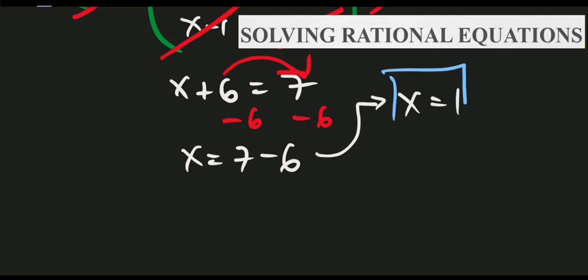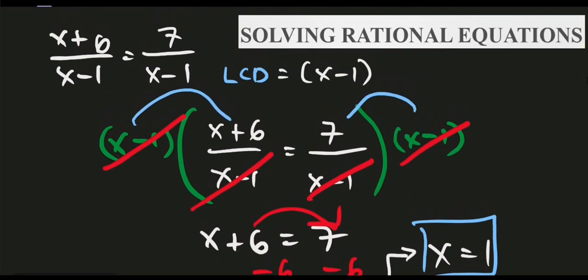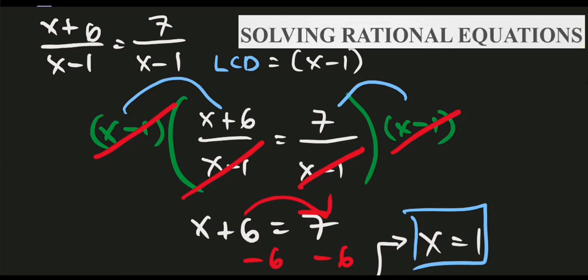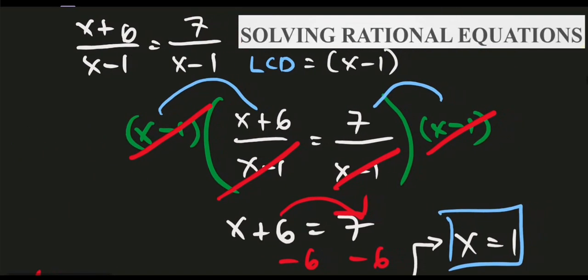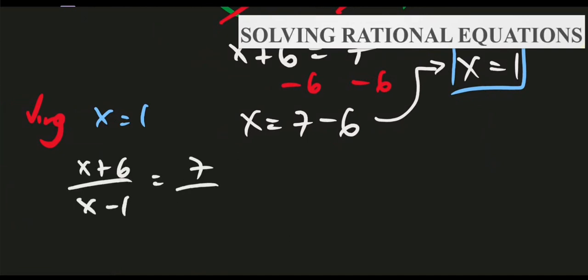Let's try to double check this solution. Again, this part will help you to appreciate the concept of checking. As you observe your students, if you want to double check our answer, let's conduct some checking. Since our value of x here is positive 1, and we have this given expression, x plus 6 over x minus 1 is equal to 7 over x minus 1.